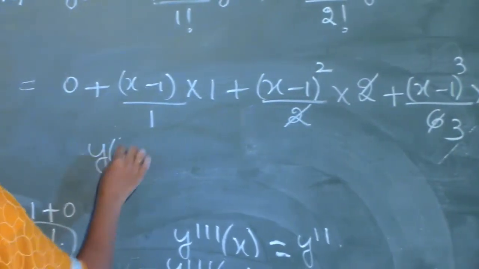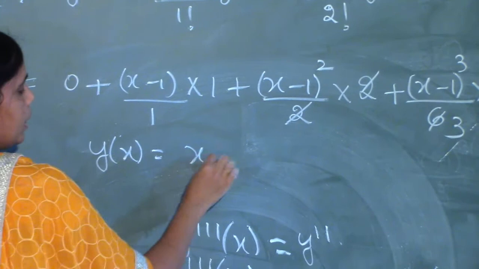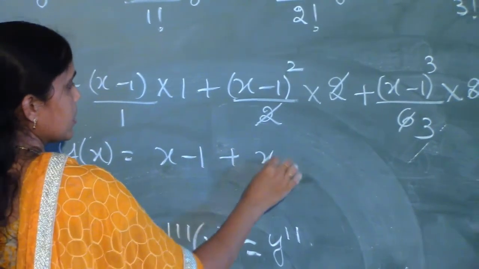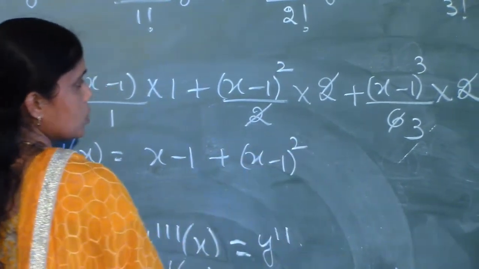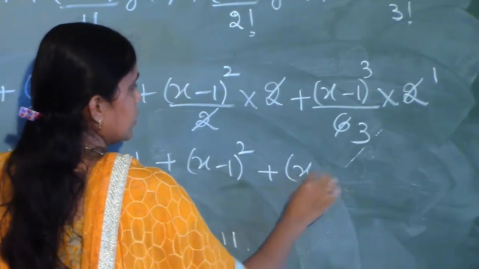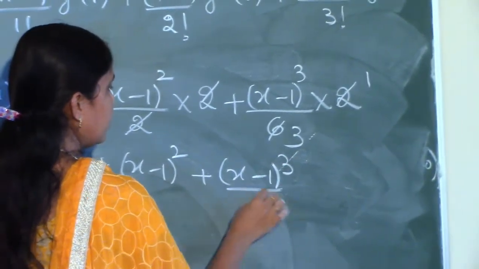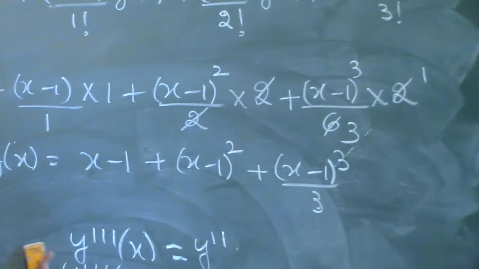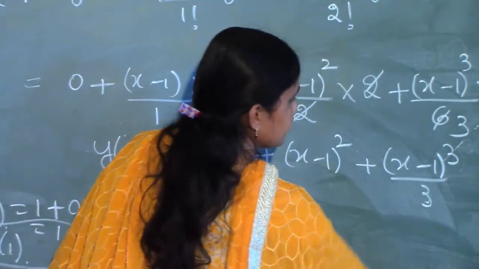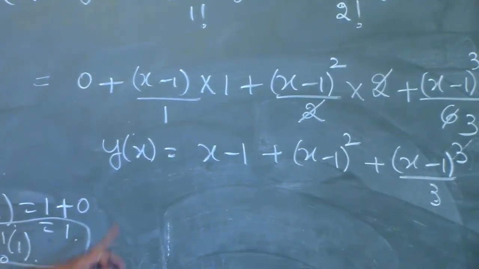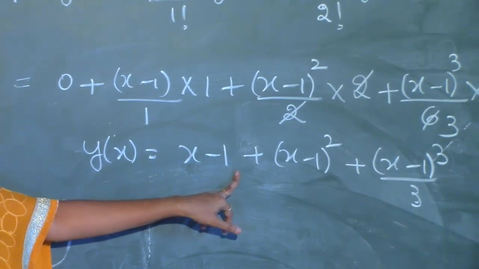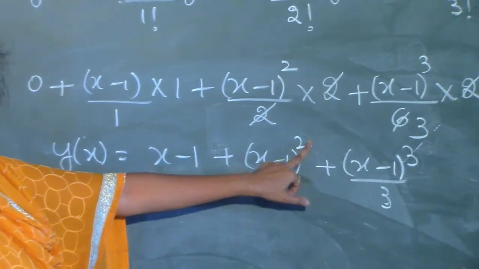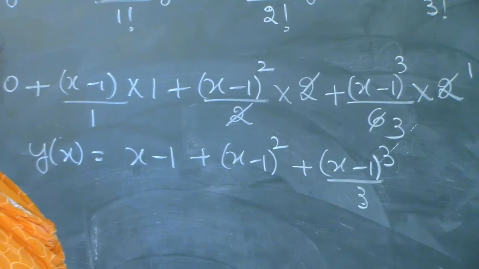So here we get y of x is equal to x minus 1 plus x minus 1 whole square plus x minus 1 whole cube by 3. So this is the value of y of x. So y of x is x minus 1 plus x minus 1 whole square plus x minus 1 whole cube by 3.